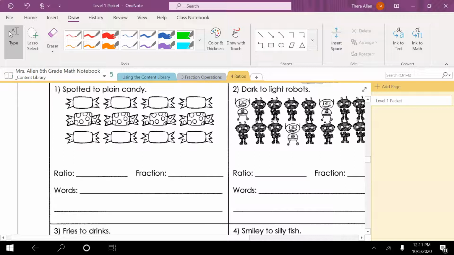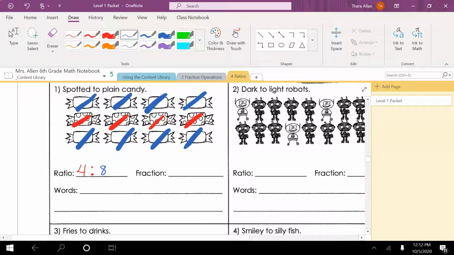It says spotted to plain candy. So my spotted candy, there's 1, 2, 3, 4. So I have 4 spotted to 1, 2, 3, 4, 5, 6, 7, 8 to 8.